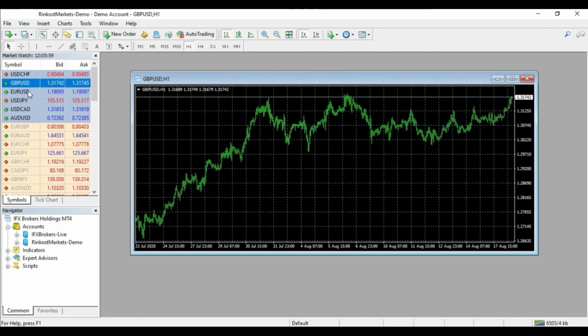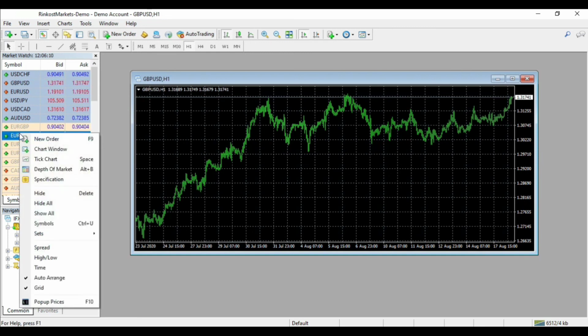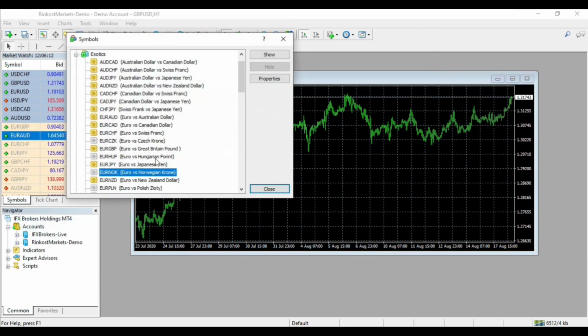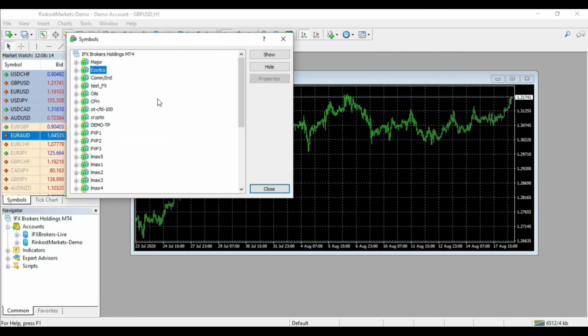Now if there's a symbol on the Market Watch that you want to trade, but it's not on here on the Market Watch, and you want to add it to the Market Watch, just right click and go to symbols, and then select any of these symbols that your specific brokerage offers for you to trade with.